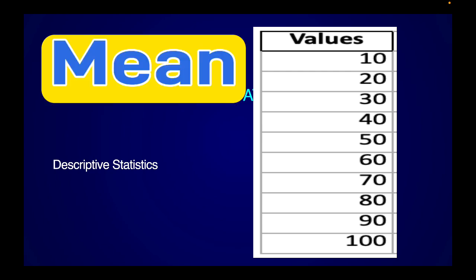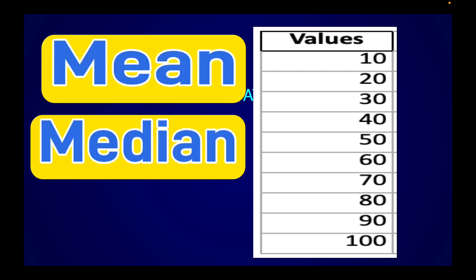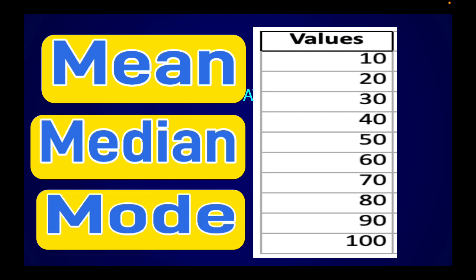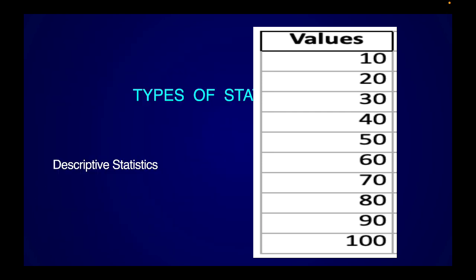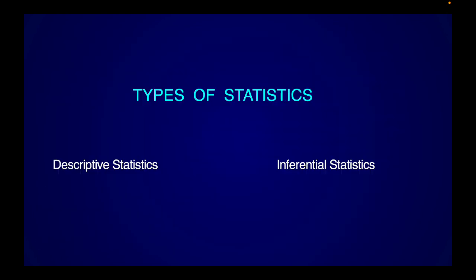We can calculate the mean of that data, the median, and the mode. These things help us to summarize the data, and then we present that data. That is what descriptive statistics comes with.